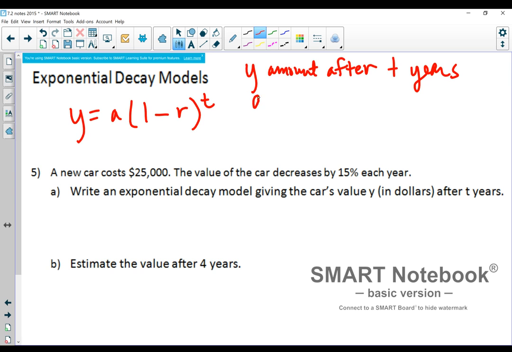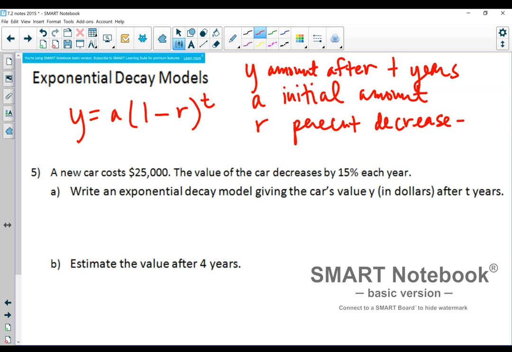A is our initial amount. R is our percent decrease. And remember, we always do this as a decimal. And 1 minus r is the decay factor.